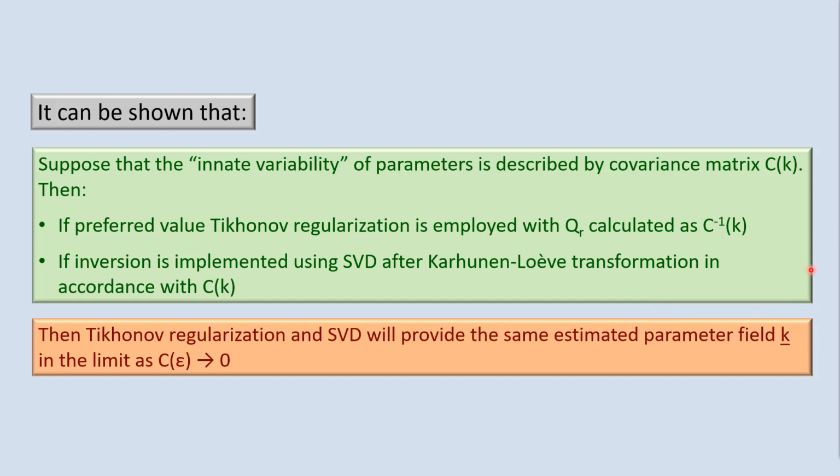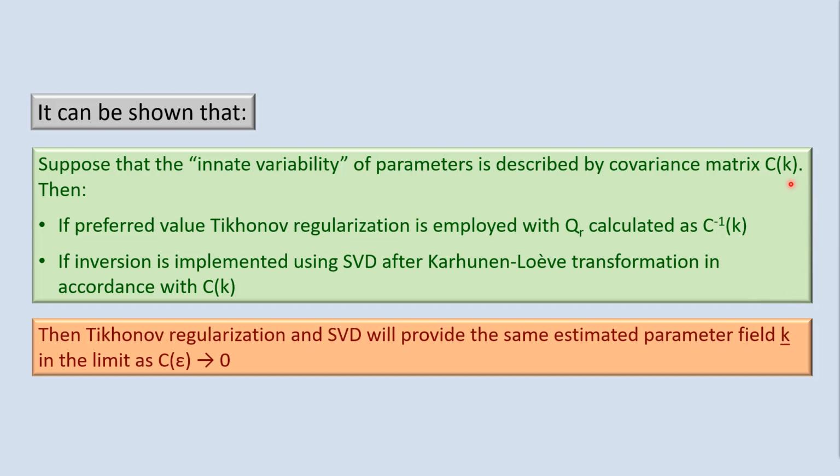In particular, if reality can be described by a CK covariance matrix, which we know, if we base our Q matrix, our QR matrix through which we implement Tikhonov regularization on that CK matrix and solve for K underscore, our estimated parameter field, we obtain the same K underscore, the same solution to the inverse problem, as that which we would have achieved if we had undertaken singular value decomposition based on a Karhunen-Loève transformation that was implemented on the basis of that same CK matrix.